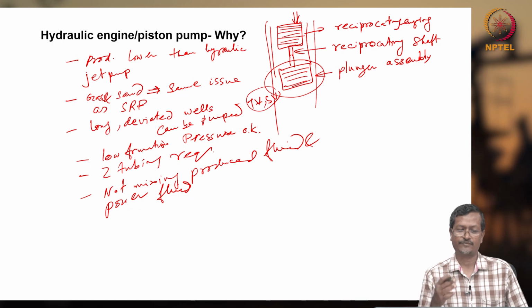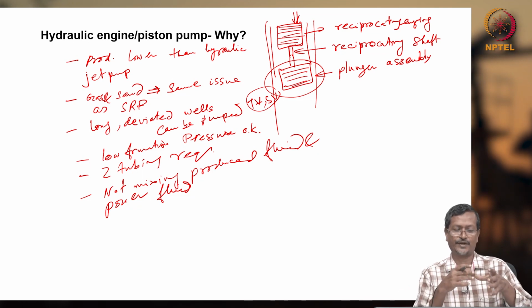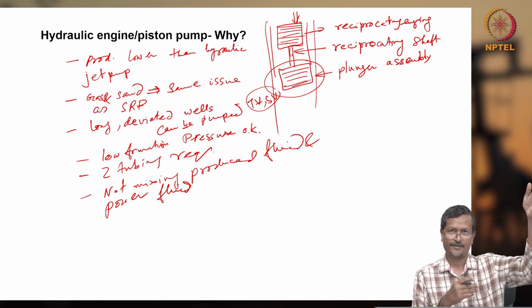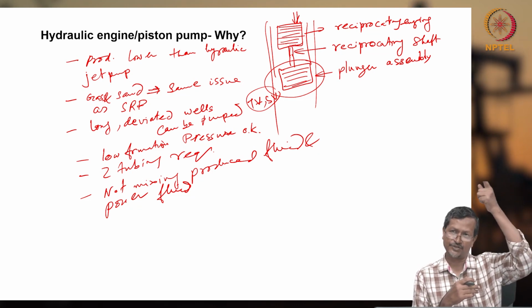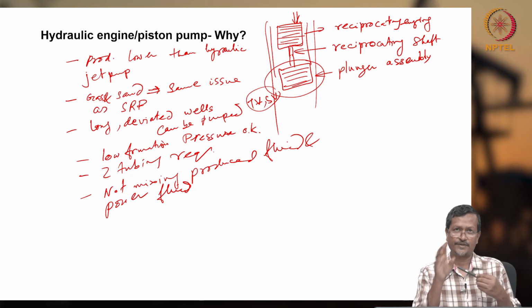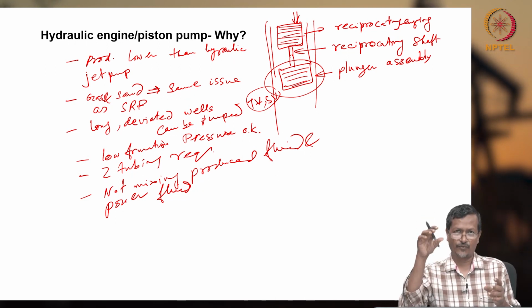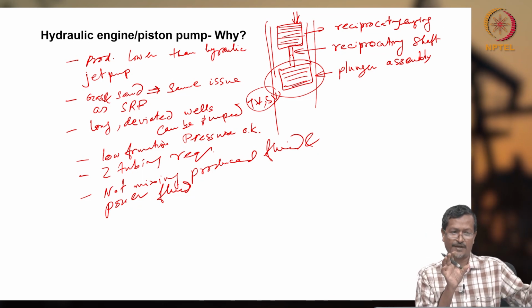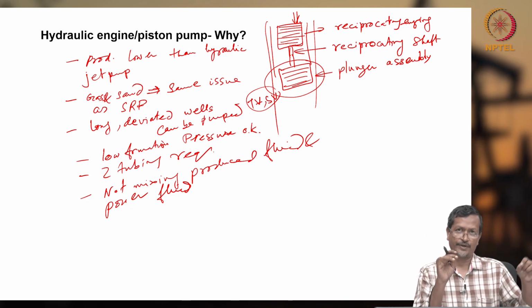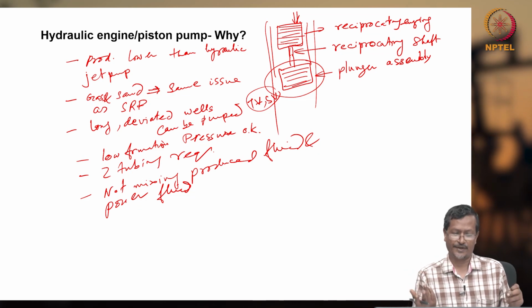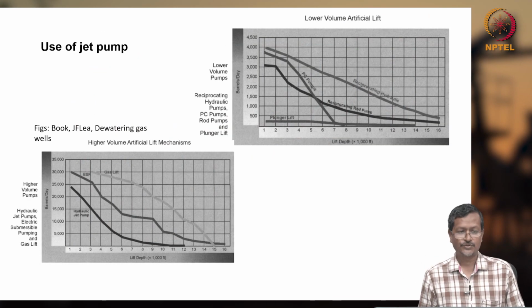But if you are mixing, for example in a jet pump, you mix produced fluid and power fluid, so on the surface you have to separate them before injecting power fluid again. In this case your power fluid is not mixing with produced fluid, a separate line will be there, so power fluid treatment will not be required every time.